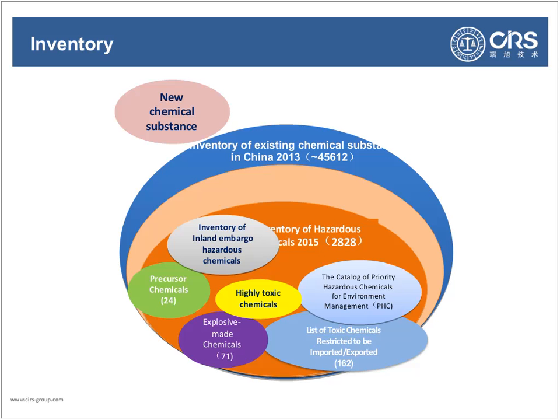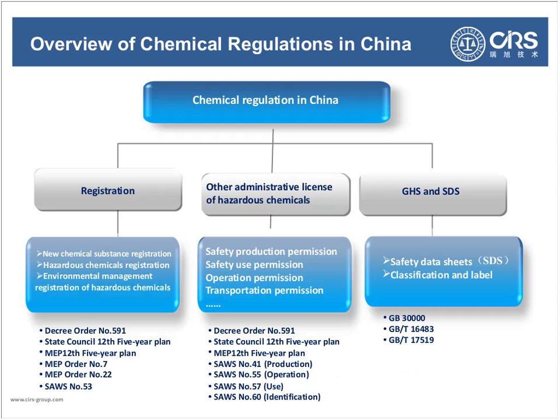Regarding the license or permission, it has safety production permission, safety use permission, and operation permission. These permissions are mainly based on your chemicals, your role in your supply chain, and the main use of these chemicals.